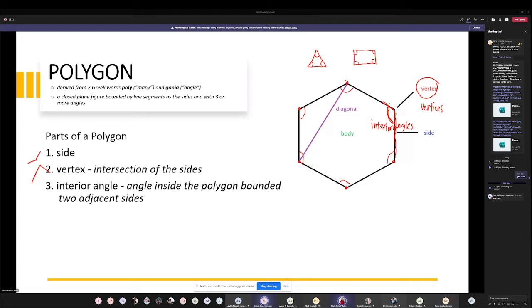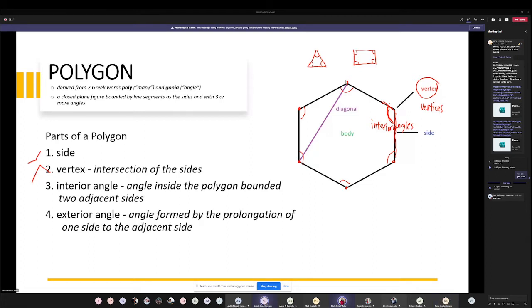Interior angles. I say interior because there's another type of angle, which is the exterior angle, formed by the prolongation of one side to the adjacent side. So let us say this is the interior angle that we're going to consider.